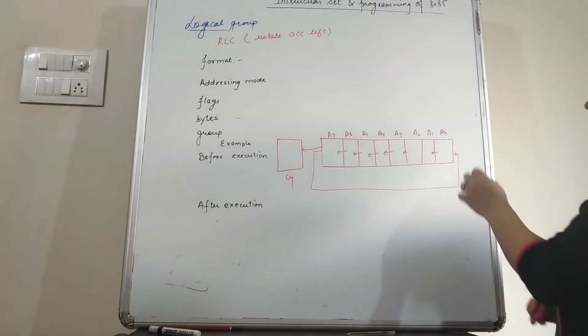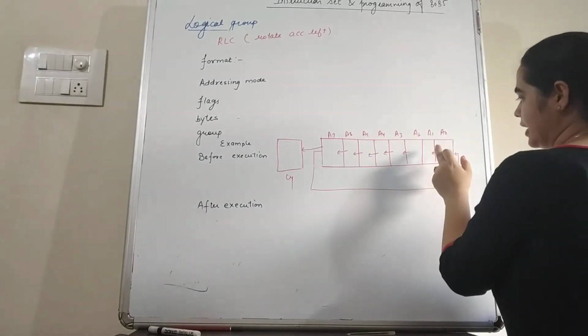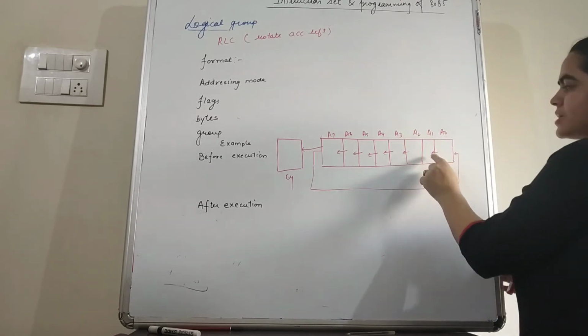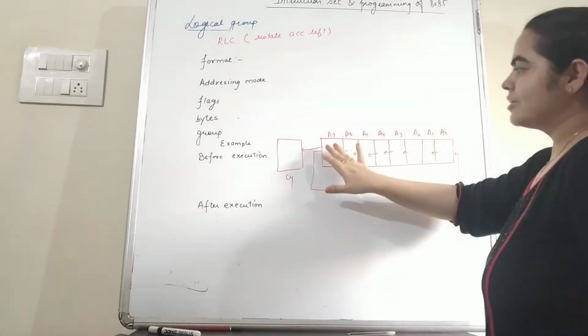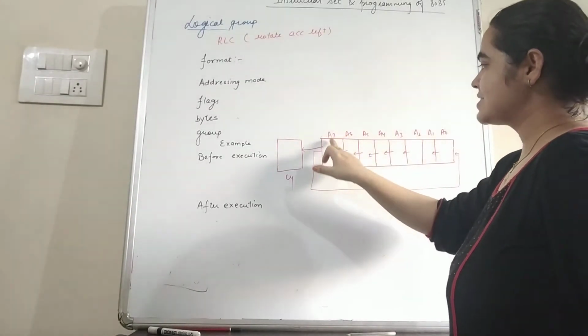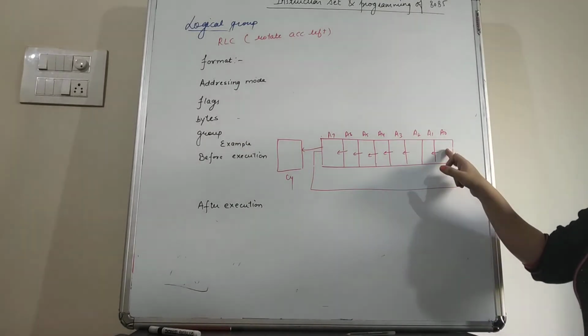That means whatever value is in A0 will be shifted to A1, and the value that was present in A1 will be shifted to A2, and so on. And the value that is present in A7 will move to the carry flag, as well as to A0.